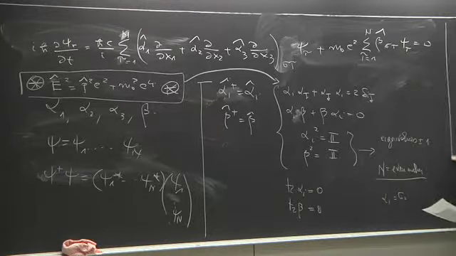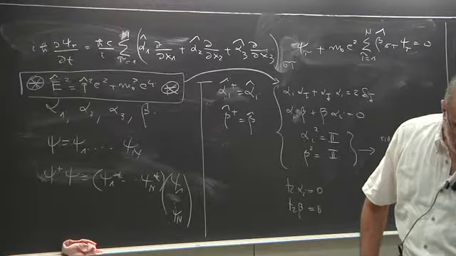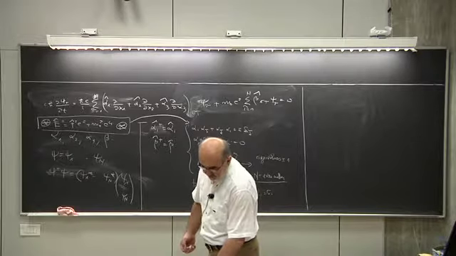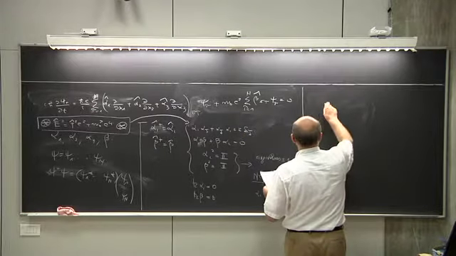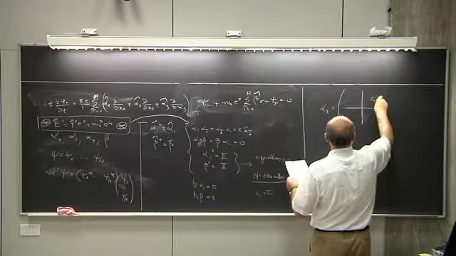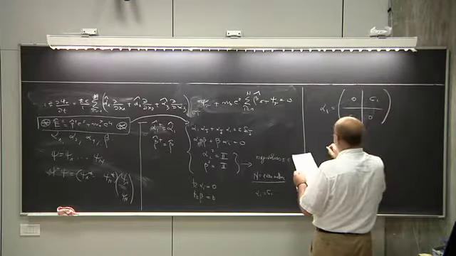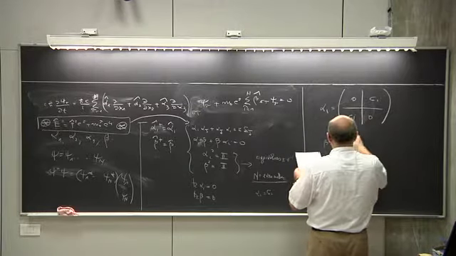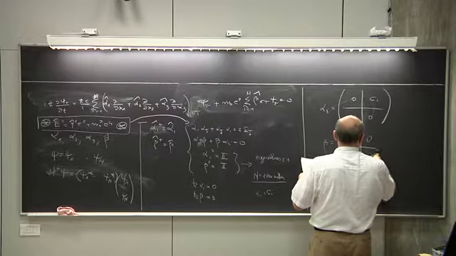Now, we also found a realization of this. The sigma matrices are not okay, but there is another realization that works, and it is the following: alpha i equals the block matrix with sigma i and 0 on the off-diagonals, where the sigma i are the Pauli matrices, and beta equals the identity and minus the identity on the diagonal.